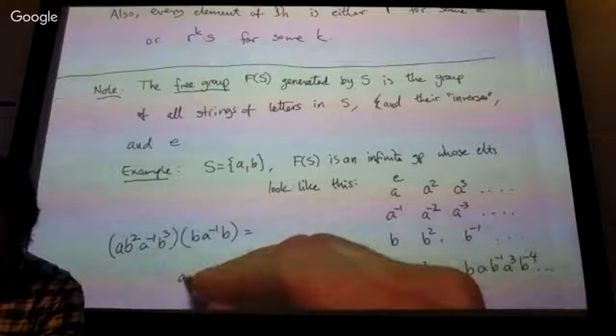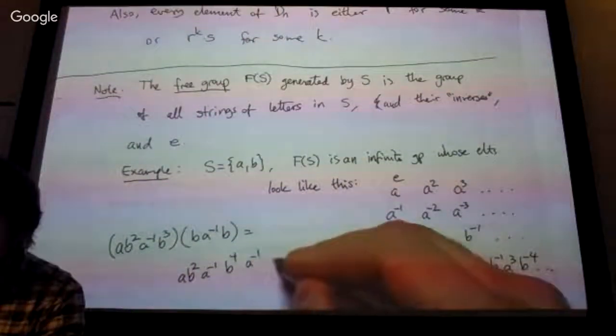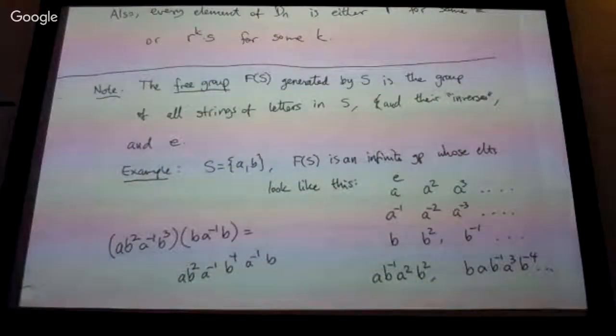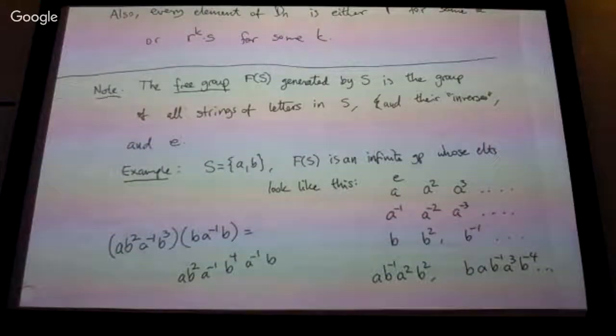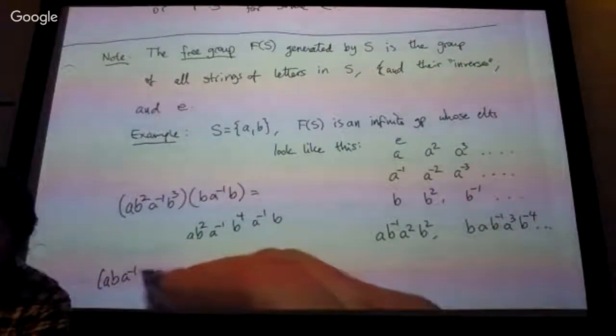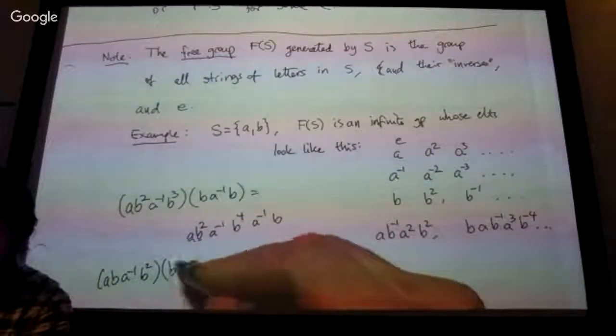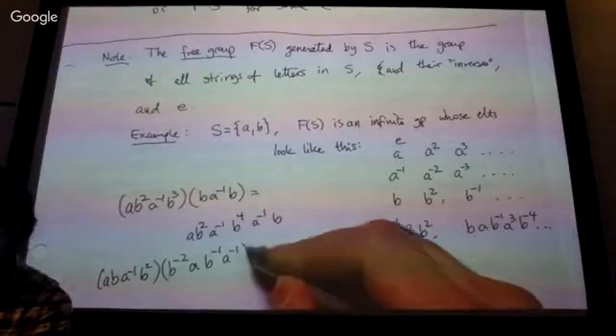You get A B squared, A inverse, B to the 4th, A inverse B. Because these two form the B to the 4th. Okay. And if you want A B, A inverse B squared, and multiply it by B to the minus 2, A, B inverse, A inverse, what do you get?